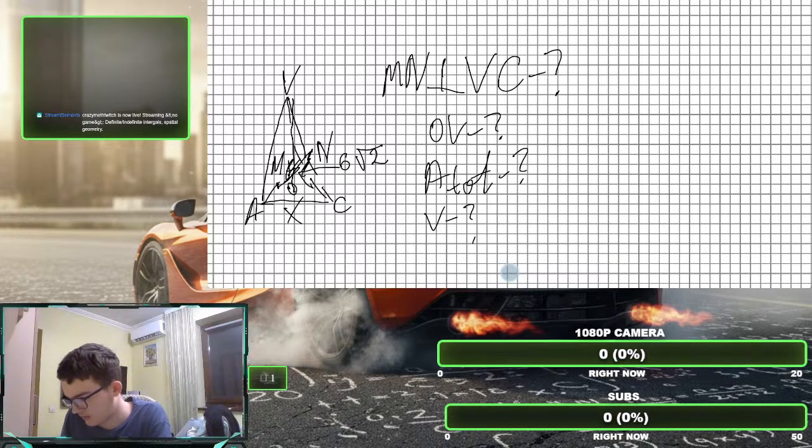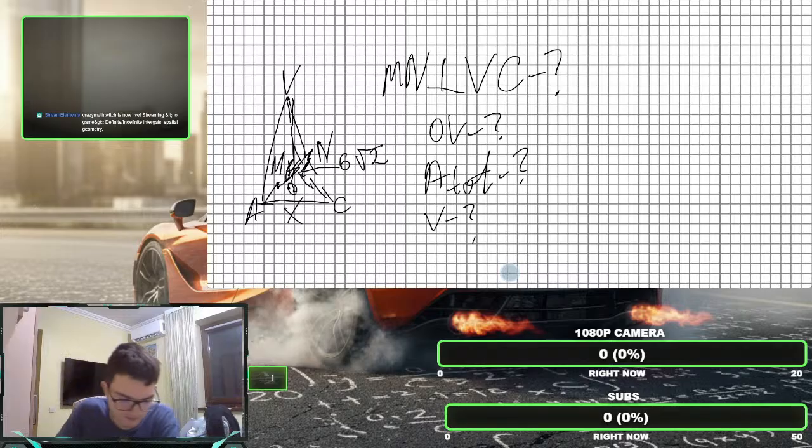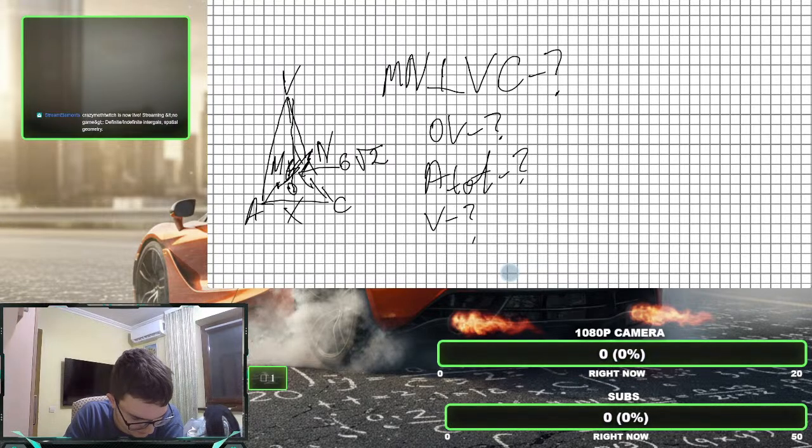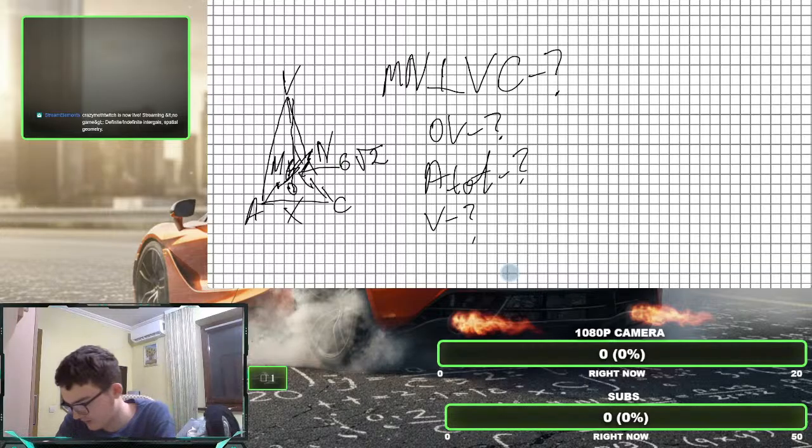Going where I was. Top G. Where the guy was. And it is AC 12. 4 square root of 6 over there.